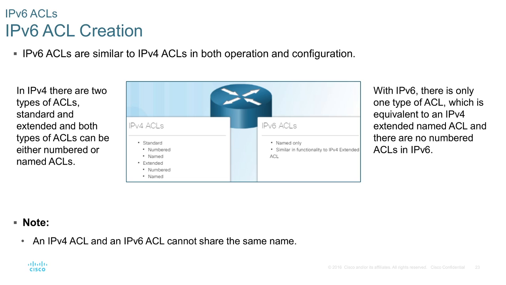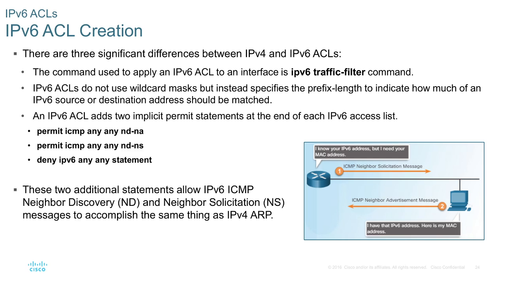So there's no standard and no numbered option there, only named and something similar to extended, where we have all the information there. The only limitation, particularly in Cisco devices, is that we cannot use the same name for IPv4 and IPv6 ACLs, but other than that, we can use any names as we would use with IPv4 ACLs.